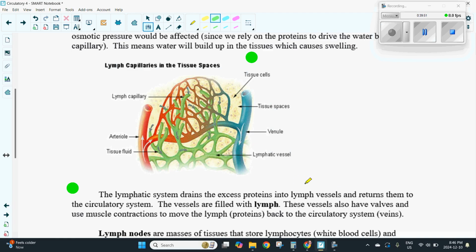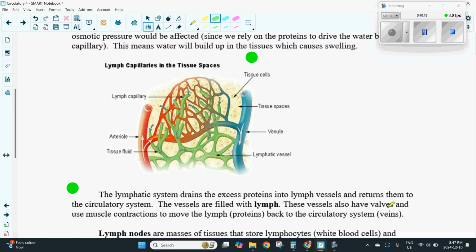So what the lymph vessels are simply going to do is suck those proteins out almost as if you're vacuuming them out of the ECF. Here you can see the yellow, that's the ECF, and these little cells are obviously the cells of the body. These vessels are filled with lymph, which is a substance very similar to blood, but it's not blood.